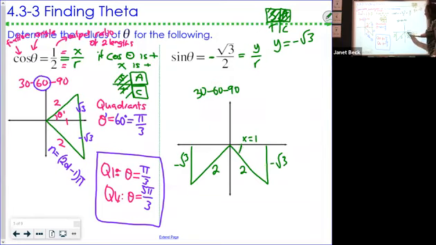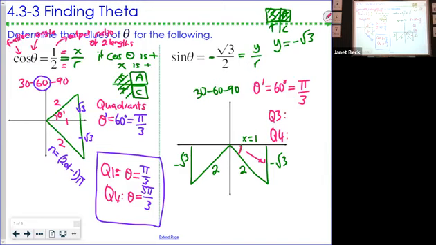So this reference angle, not the actual theta we want, this is just your reference angle, is opposite the long leg, so that's 60 degrees, and 60 degrees in radians is pi by 3. And we know that our answers are in quadrant 3 and quadrant 4.